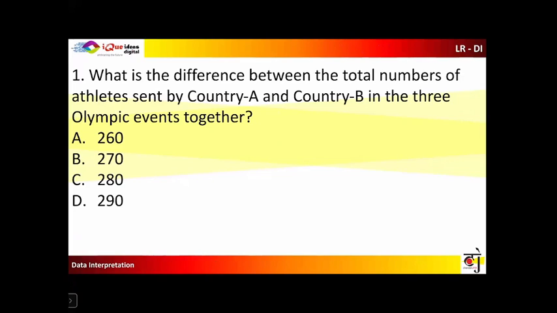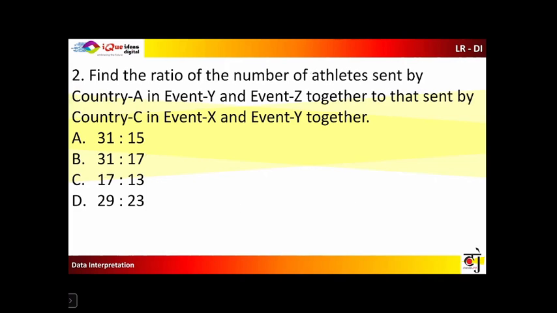Now it is simple, just pick from the table. You should get D as the answer, 290. Second one, find the ratio of the number of athletes sent by country A in event Y and Z together to that sent by country C in X and Y together.